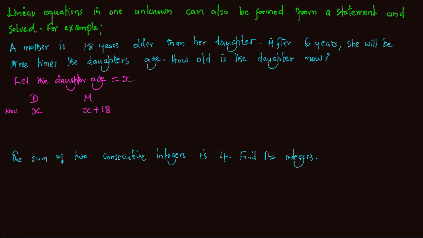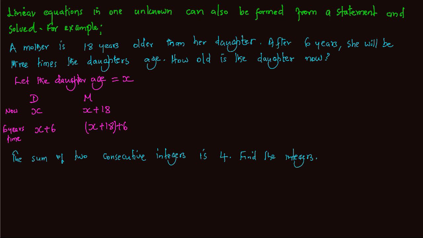In six years' time, the daughter shall have added 6 years. The mother shall also have added 6 years. So the daughter's age will be x plus 6. The mother's age will be x plus 18 plus 6 years.